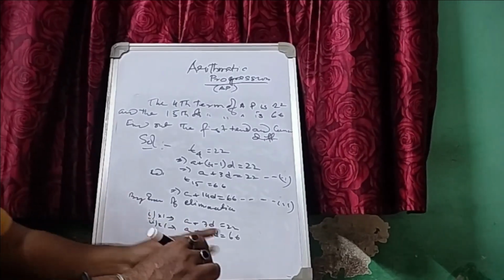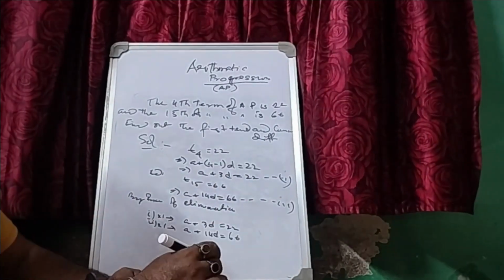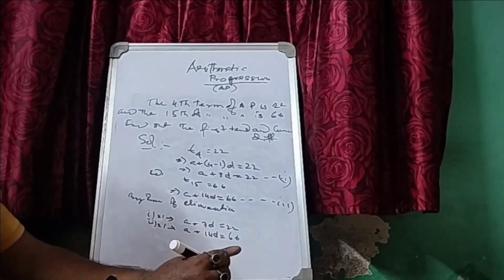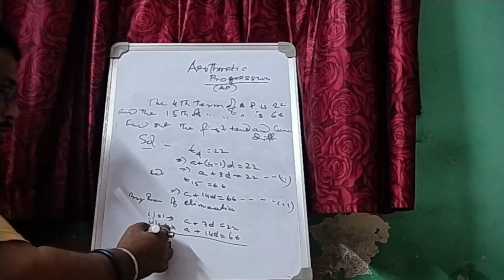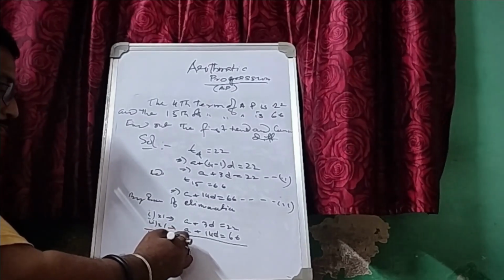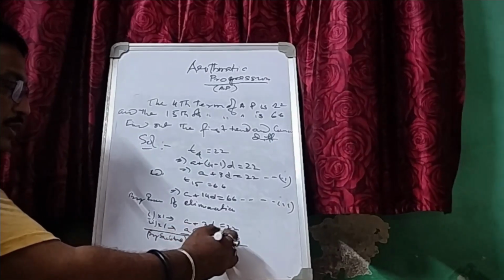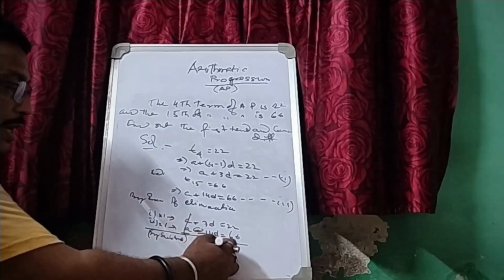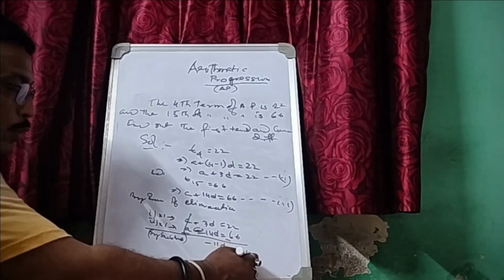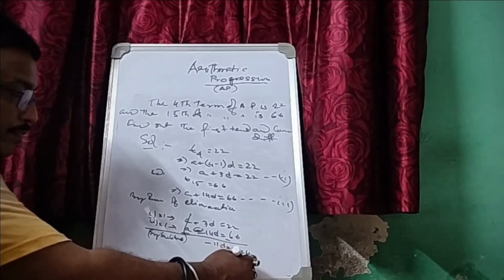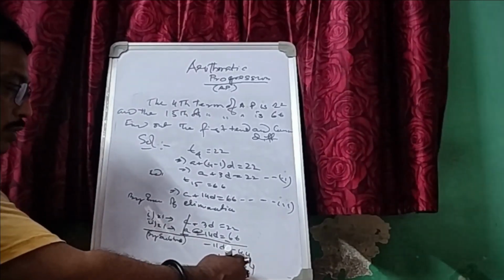You can do it another way, add 1 and 2 or subtract 1 from 2. You may do anything. Now, by subtracting, the sign will be changed. Minus 11d is equal to minus 44. d is equal to minus 44 by minus 11, d is equal to 4.